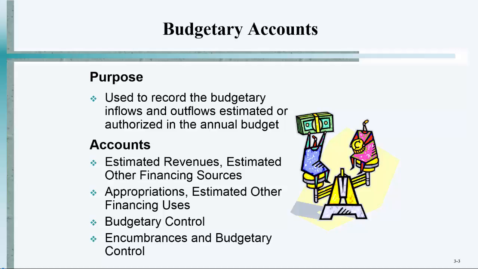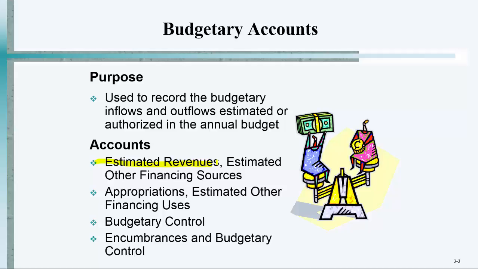So we develop a budget, and we estimate what our revenues are going to be. Do we know what they actually will be? We don't, because we don't know exactly how someone is going to report their taxes to us. But we're going to estimate our revenues.